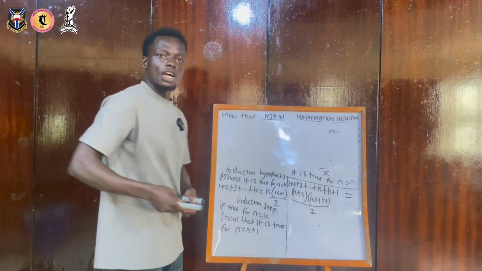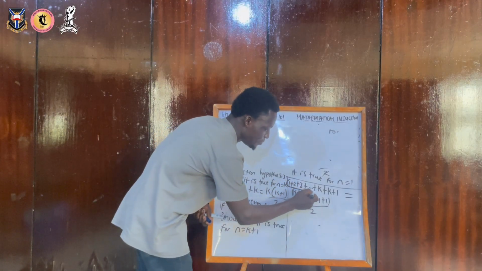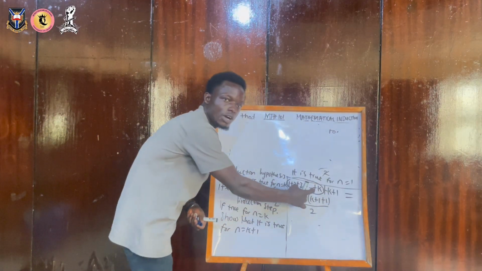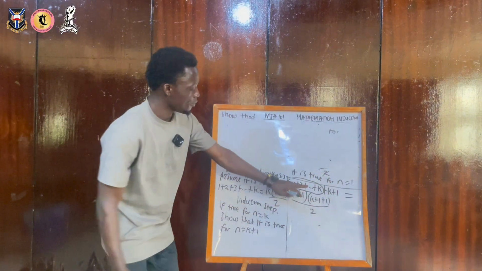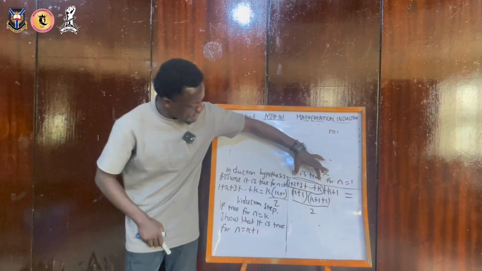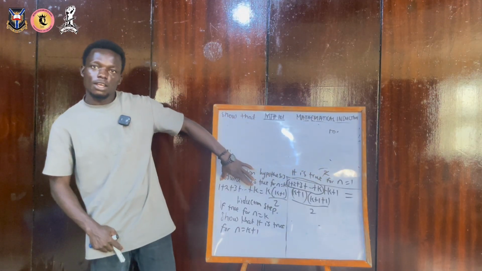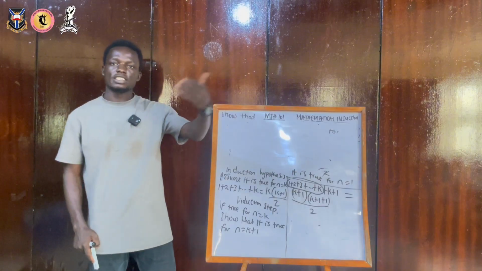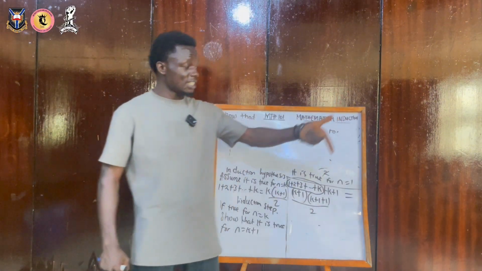So now let's solve this. You can see that for this one, it needs a replacement, because if you don't replace this, there's no way you can solve this, because we have multiple numbers in between. But there's no problem with that. What we have here is equal to this guy, because for us to have the summation of the first k plus 1 terms, we need to write the summation of the first k terms first.